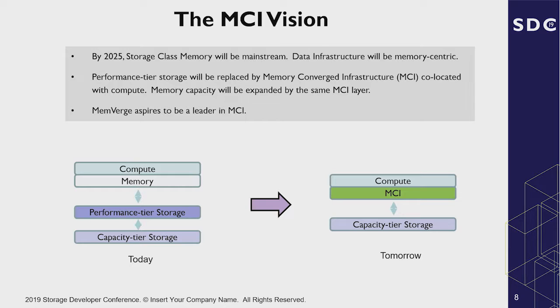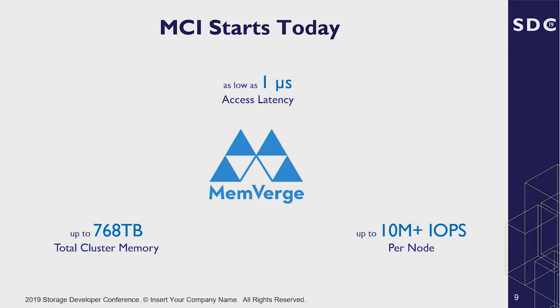So we are lucky to be a first mover in this space, but I think we will not be the only mover. There will be various solutions in this space to create this new technology layer that we call MCI. And I think this journey really starts today with version 1 of our Converged solution.